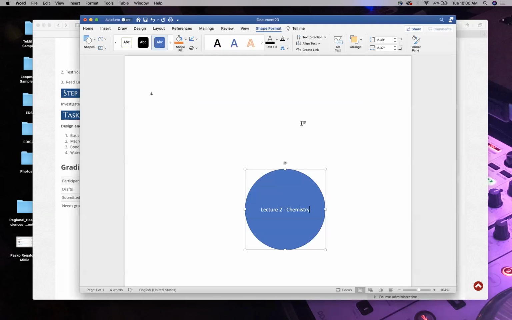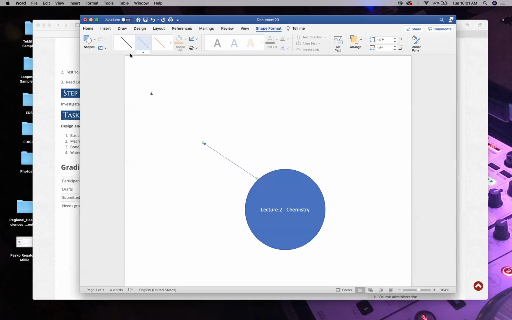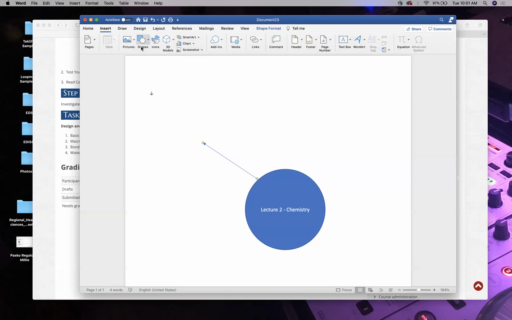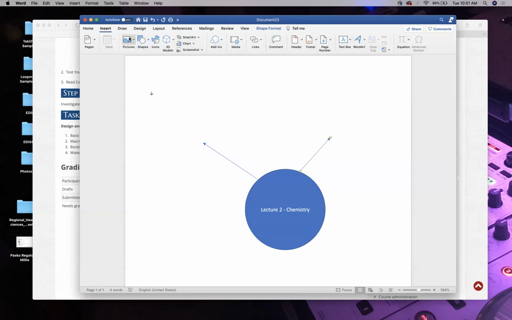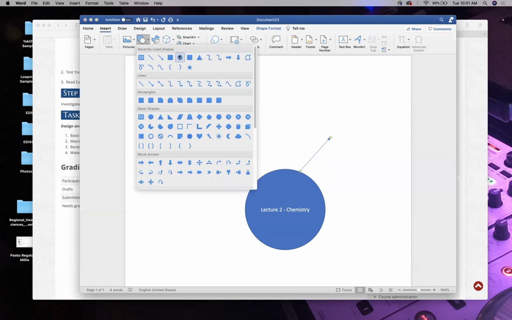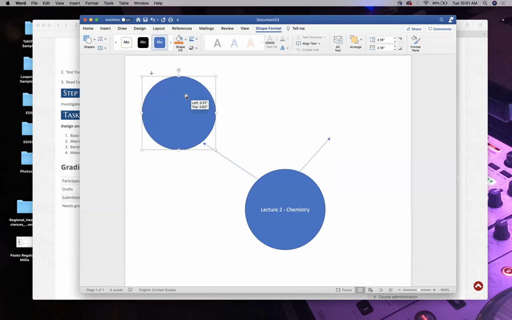So I can then insert shapes again, an arrow here, and I have my different arrows to my different topics. And then one topic could be bonds, and then you could put other arrows here.